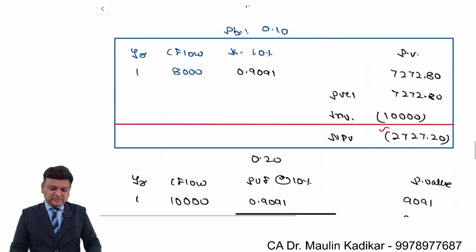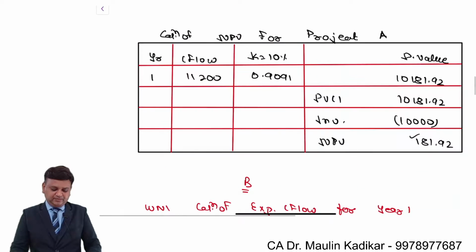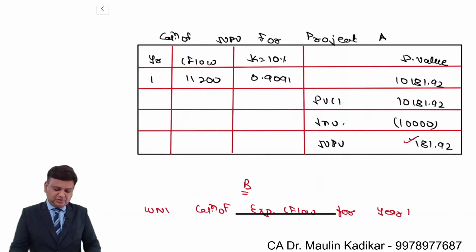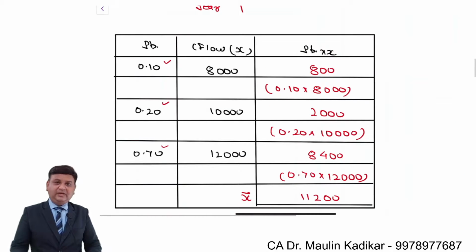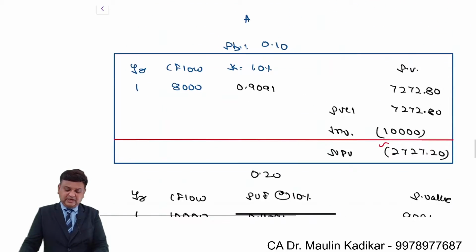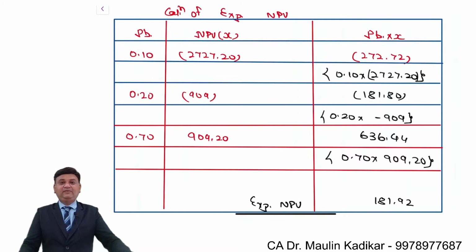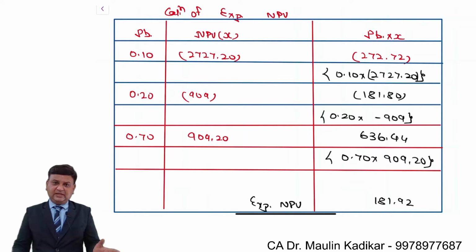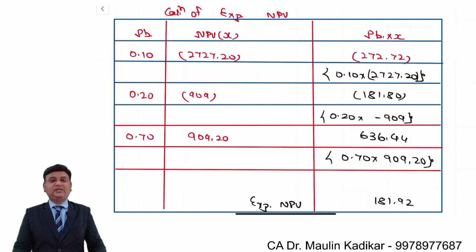Either you compute the expected cash flows and then discount them into present value for the NPV calculation, or for the individual situations you compute the NPV, and taking NPV as X, we can compute the expected NPV. Of course the first method is less time consuming, so preferably we will go with the first method, that is the expected cash flow method.